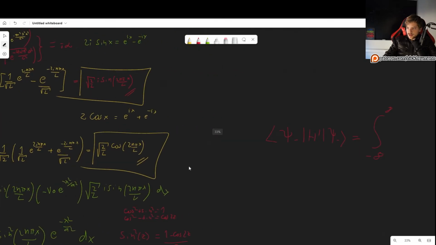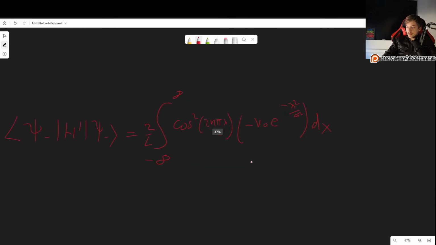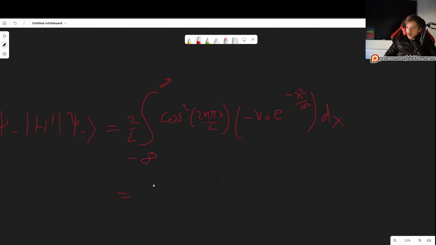It is cosine. So we get this 2 over L. Cosine is real, so the conjugate is the same. So we get cosine squared of 2n pi x over L times minus v0 e to the minus x squared over a squared dx. But what do we do here?